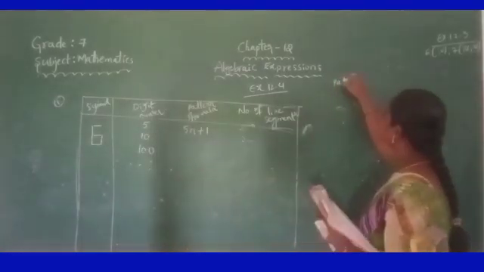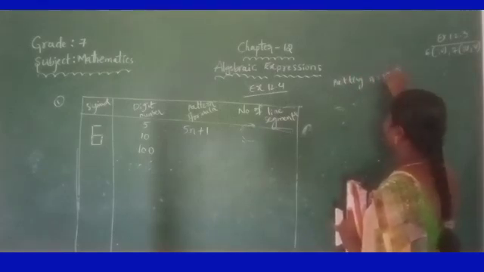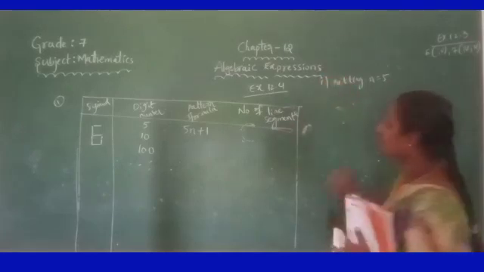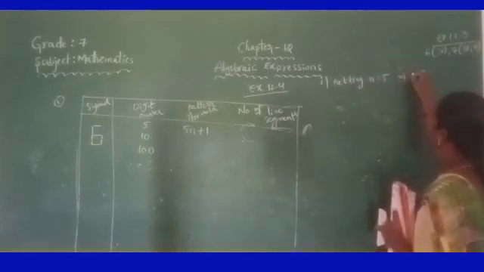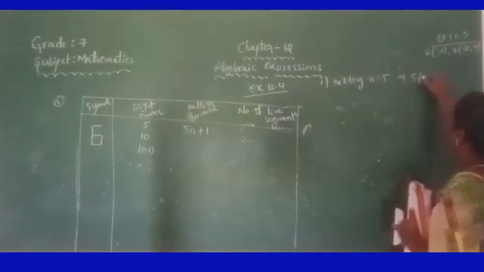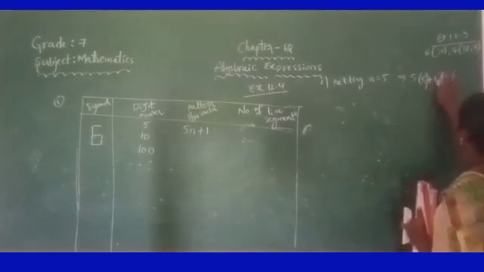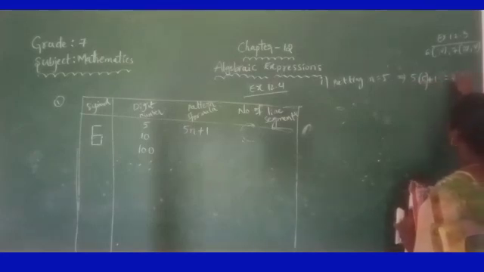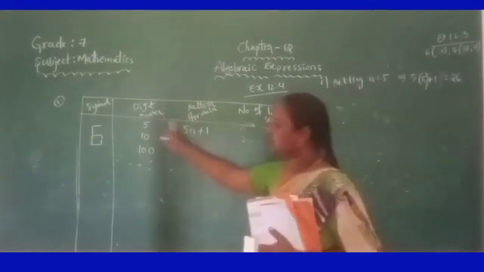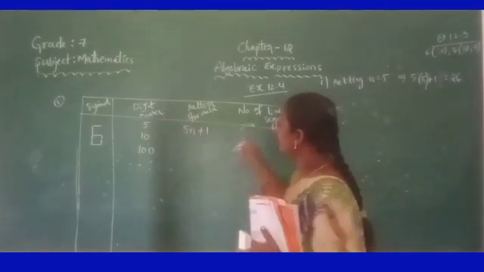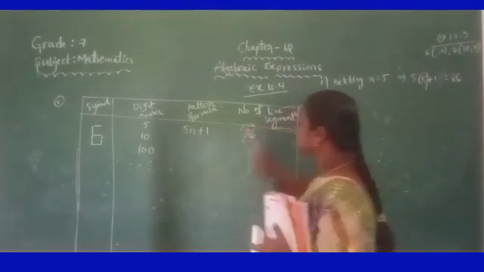Substitute here, putting n is equal to 5. For the first symbol, n is equal to 5, substitute in the rule, that is 5 into 5 plus 1. 5 fives are 25 plus 1 is equal to 26. So 26 line segments are required if you take the symbol 6.